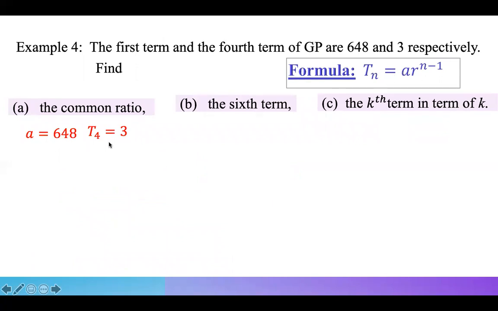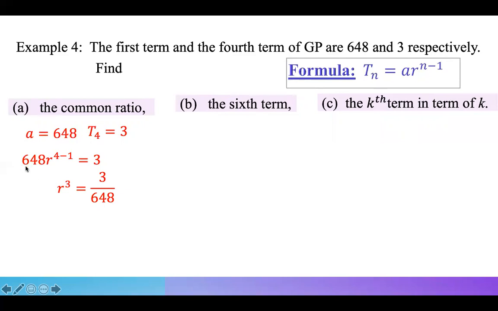Just like AP, the first term is 648, you times R, we don't know R, but the power is 3. So 648 times R to the power of 4 minus 1 equals 3. So you get R to the power of 3 equals 3 over 648.